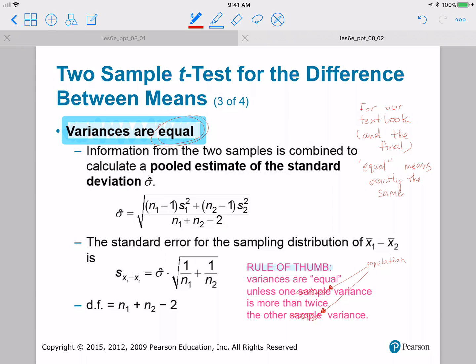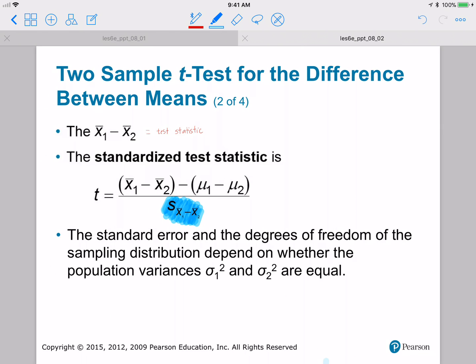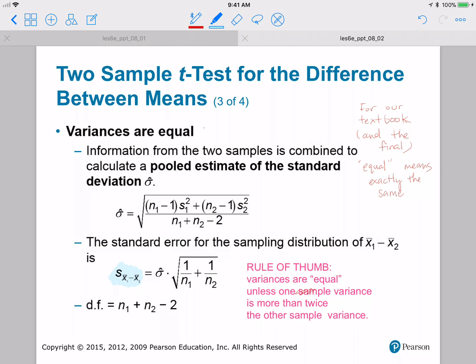Okay, so this is kind of complicated. Let me clear my screen a little bit. We've got something complicated in terms of our formula here. The formula for the standard error, which is the denominator of your standardized test statistic, is this factor, sigma hat, times this factor, the square root of 1 over n1 plus 1 over n2.